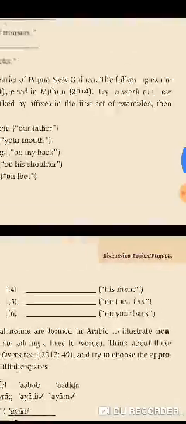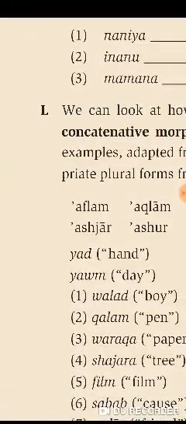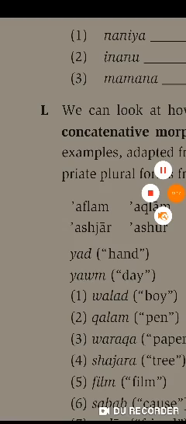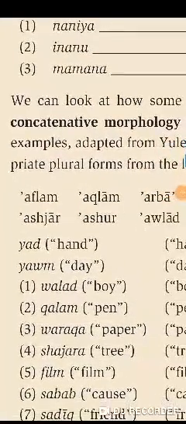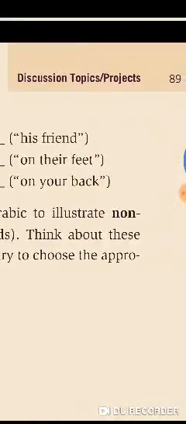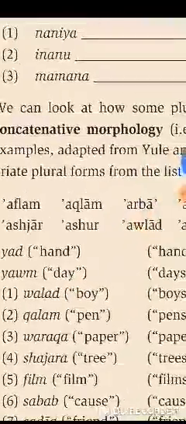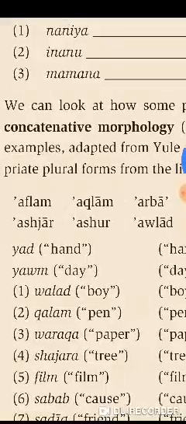On the exercise parts of this chapter, there are exercises. Exercise L on page 89, as I told you. Let us see. It's about Arabic. We can look at how some plural nouns are formed in Arabic to illustrate non-catenative language morphology. What happens in Arabic?